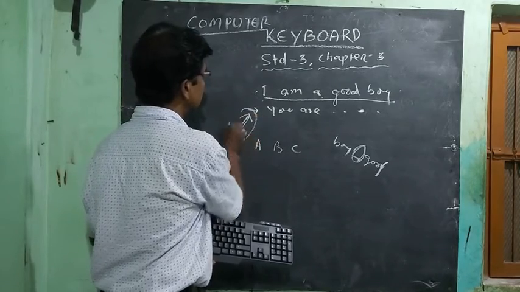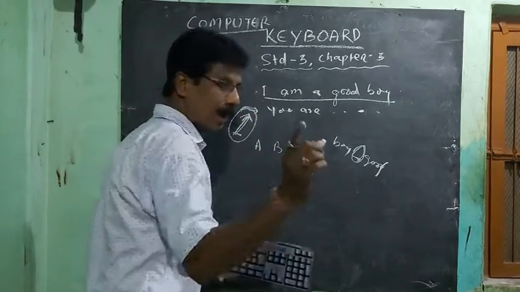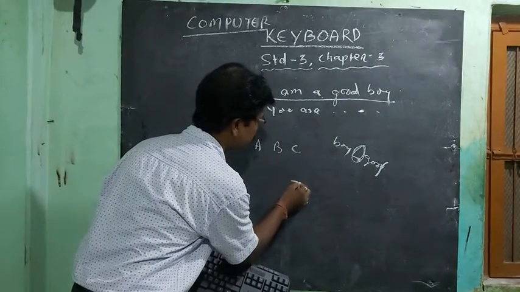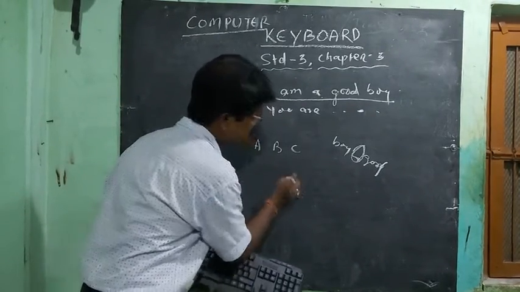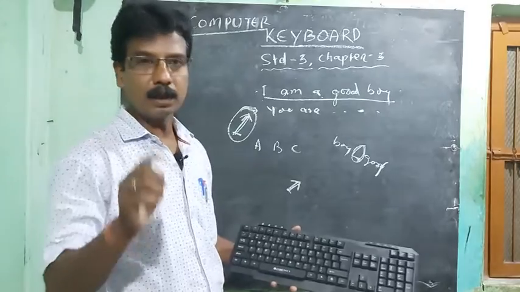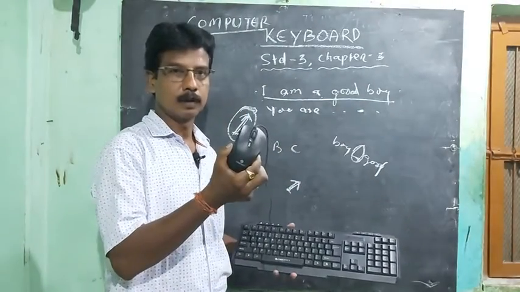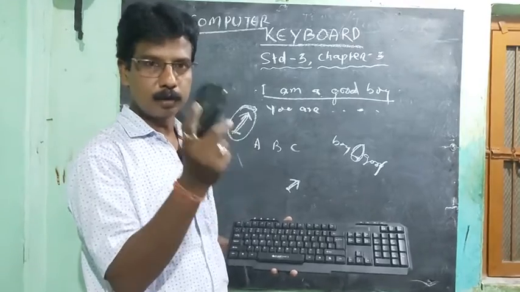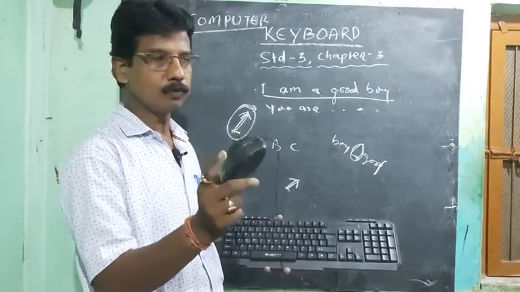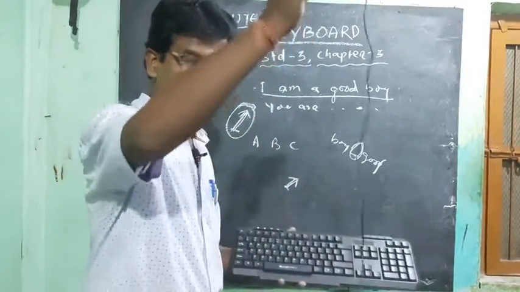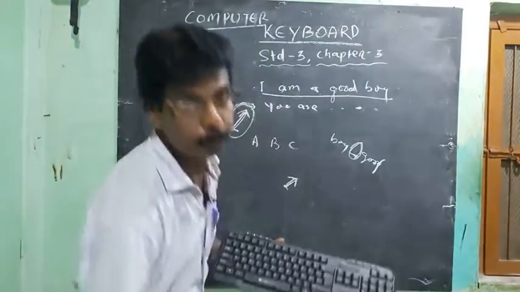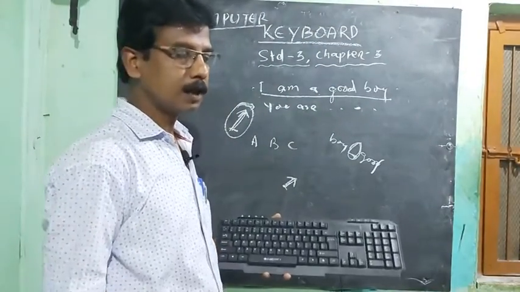Cursor is just an arrow mark, and we move this cursor with the help of the mouse. Look, this is a mouse. With the mouse we can move the cursor on the screen or monitor.